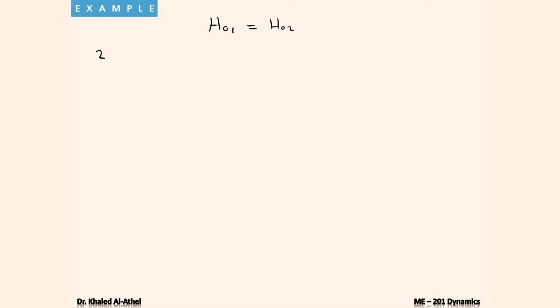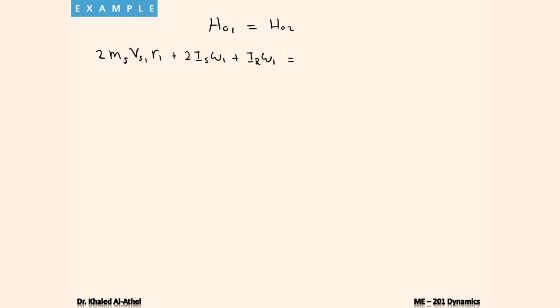I have M_S, then remember we said V_A and V_B are the same, so we call it V sphere 1, times R, the distance between the spheres and the point O. So 2 M_S V R, plus the spheres are also rotating, so 2 I_S omega_1, plus the rod is also rotating, so I_R omega_1.